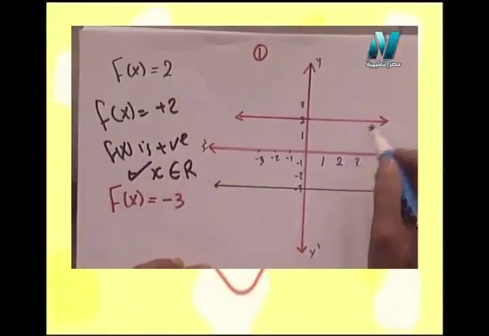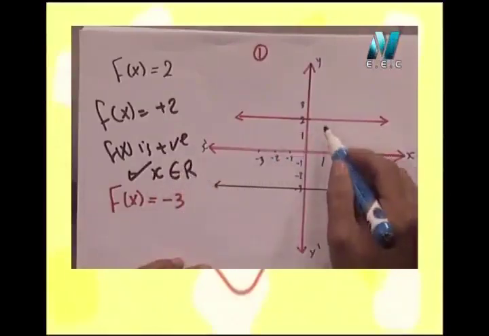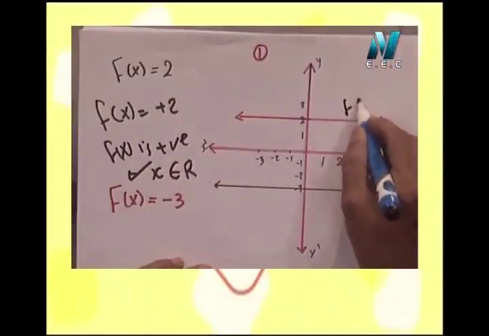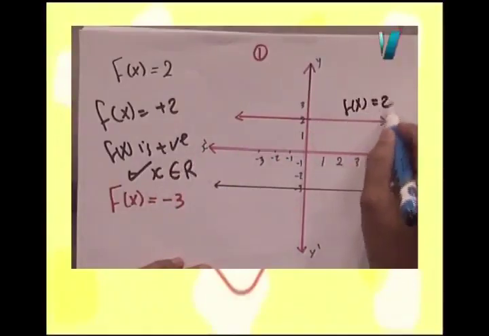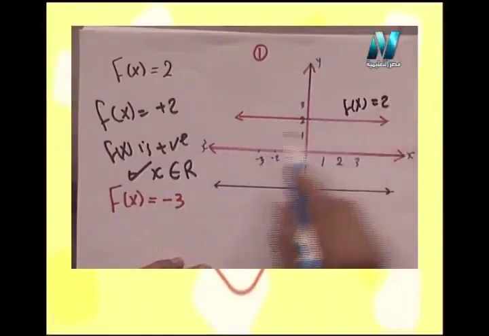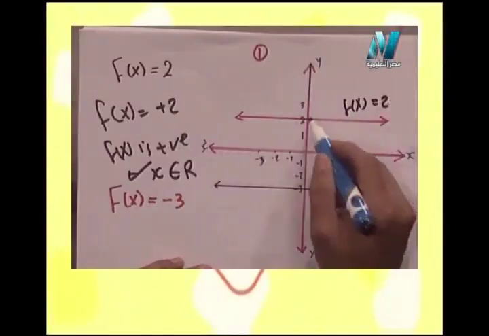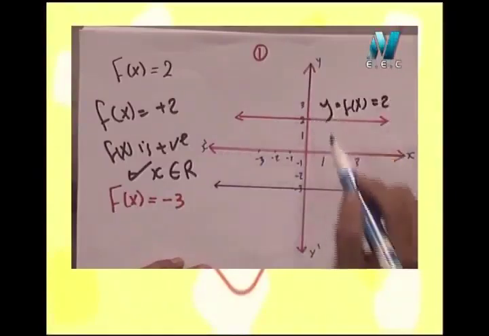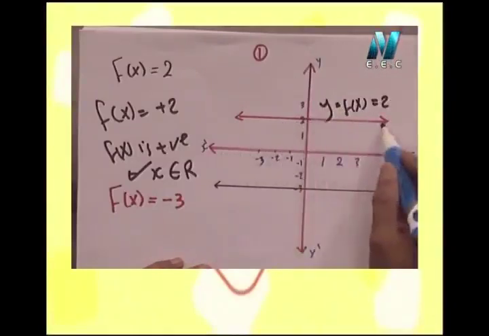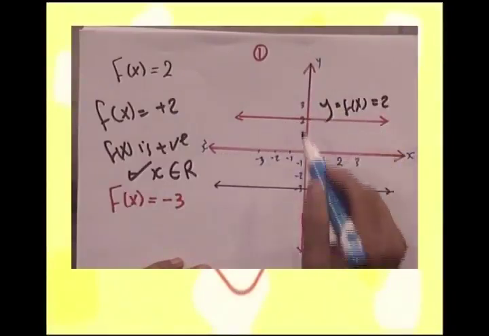When we see this graph, this is the function f(x) equals 2 because it passes through to here. The function is also called y. So y equals 2. 2 is positive.